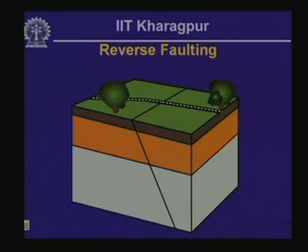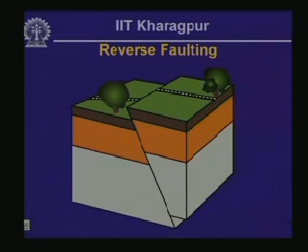Now let's look at the reverse faulting problem, from a similar standpoint, using a similar methodology as we did in the case of the normal faulting problem. So what reverse faulting is, is shown here on this animation.